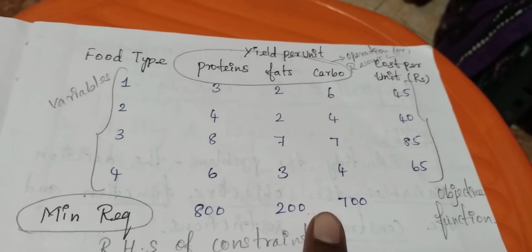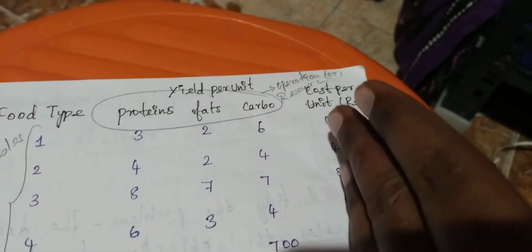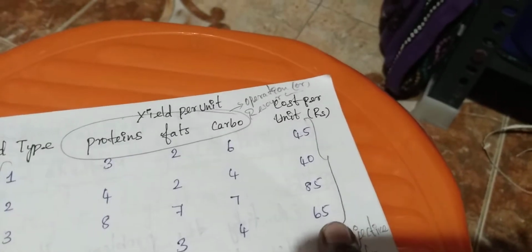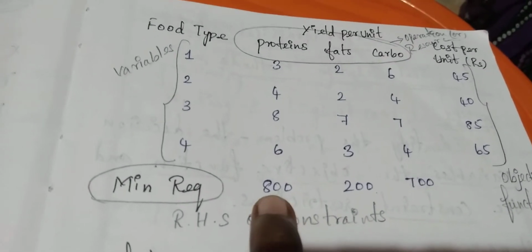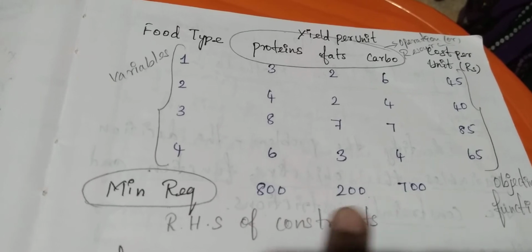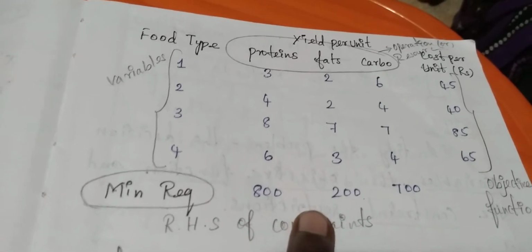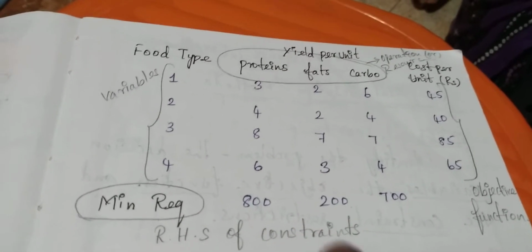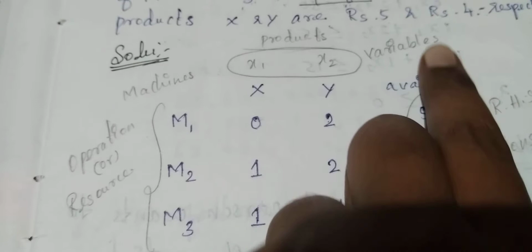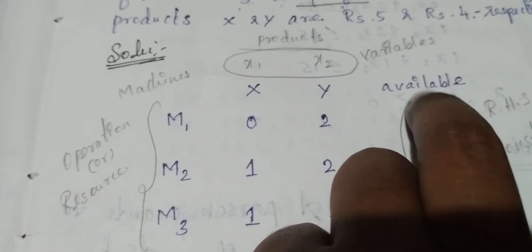Whenever you are seeing the right hand side, please don't get confused. This one is the constraint, and when you are seeing below, 800, 200, 700, this is the objective function. Please don't get this fixed in your mind. Okay, here in this problem they have given clearly this is available hours, available number of hours.